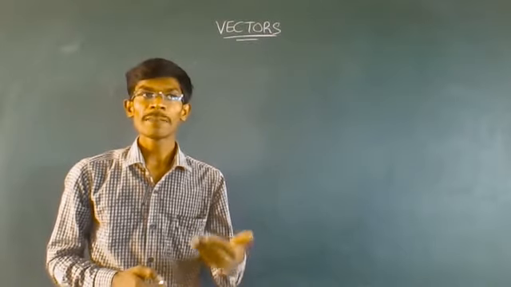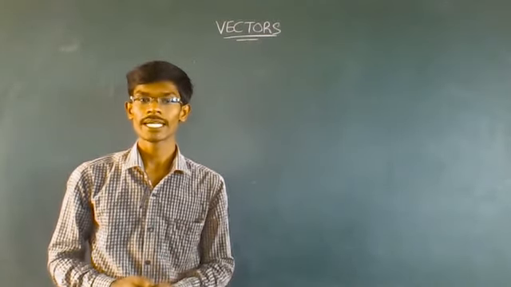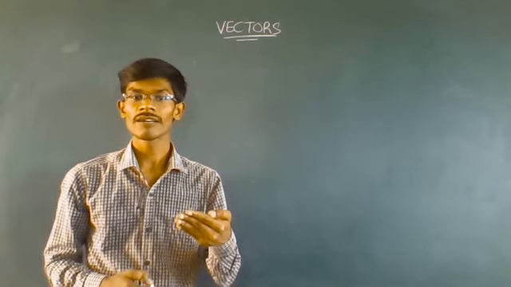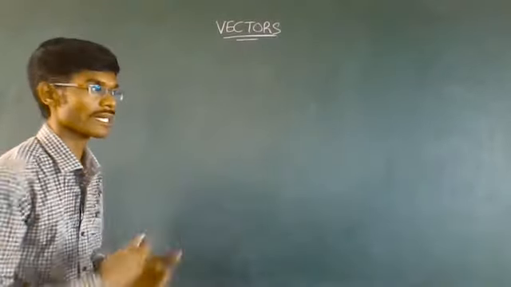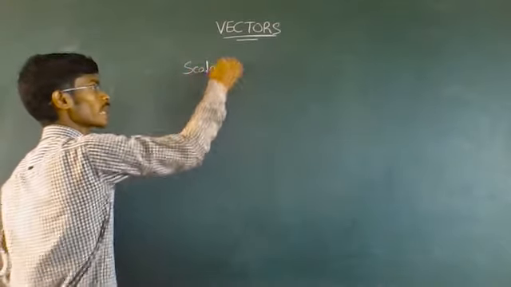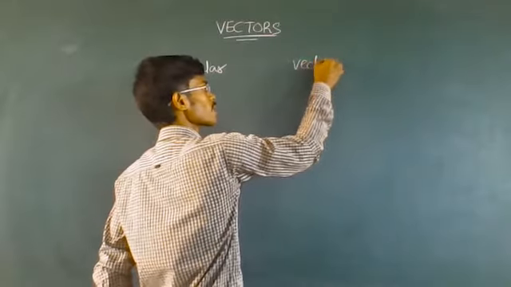Now, depending upon the magnitude or the nature of the physical quantity, the physical quantities have been classified into two categories. One is scalar and another one is vector.